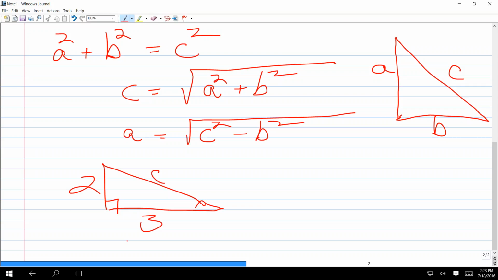I'm sorry, I should always put the little right angle thing there, because that tells you it's a right triangle. So let's see in this one. Plug it into that. It's the square root of 13. Good.